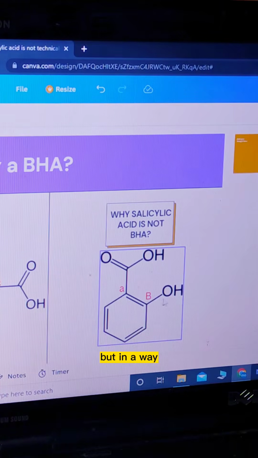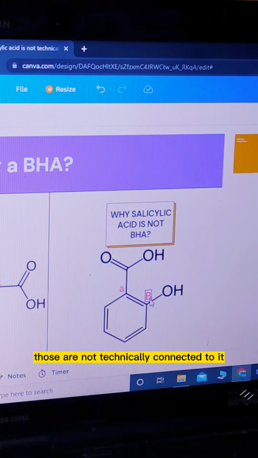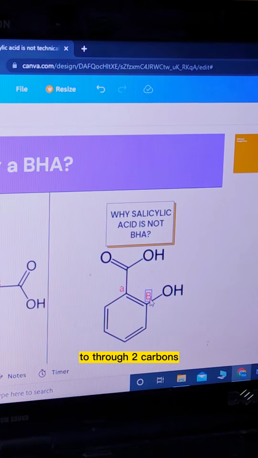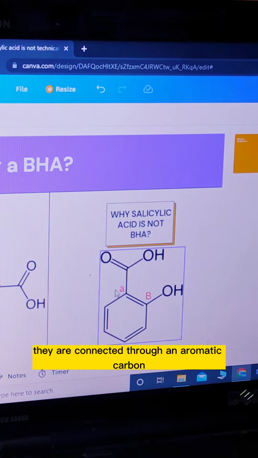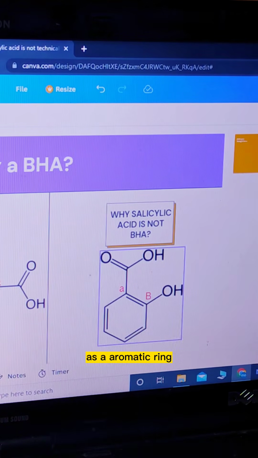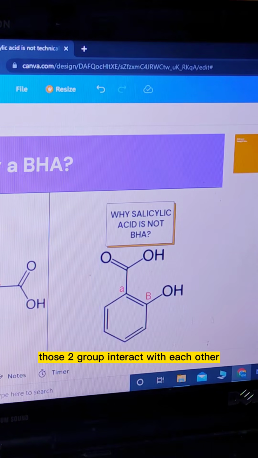But in a way, those are not technically connected through 2 carbons. They are connected through an aromatic carbon, an aromatic ring, as you can see here, a benzene ring. This affects the way that those 2 groups interact with each other.